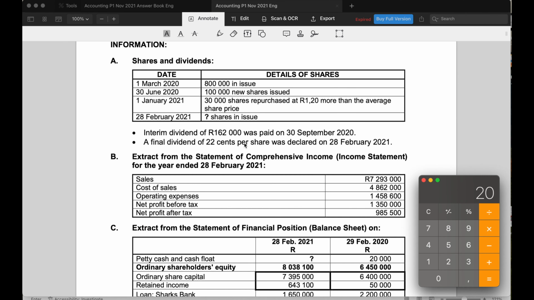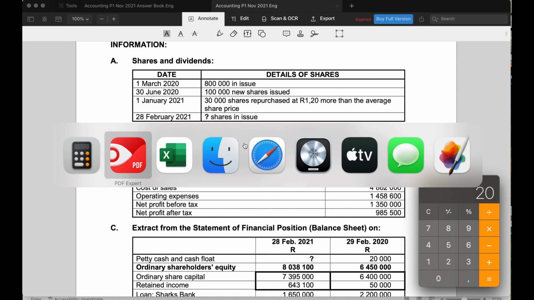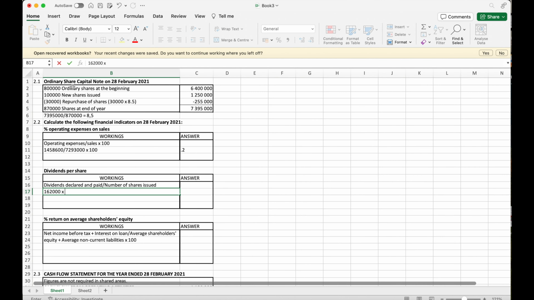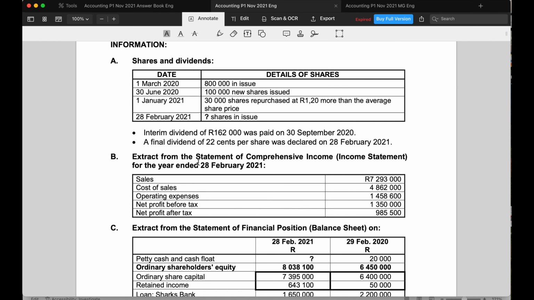And for this amount of final or ordinary dividends, you look at how much was the total of the shares. We now have dividends per share, ordinary dividends paid and declared. You look at the dividends and the information speaks here.